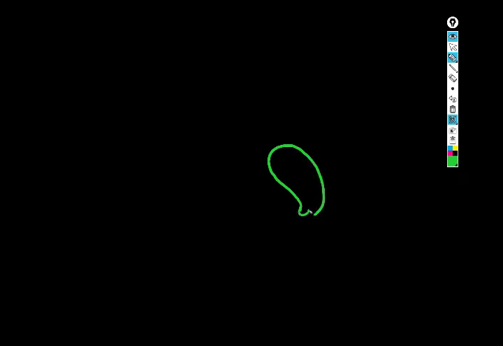Okay, so let's first draw a female reproductive tract. And I'm going to make it, I don't know, green for fun. Why not? Things can be whatever color. We don't have to stick to gender binary colors at all. So here is a uterus. Here's a cervix. And then here's the vagina.